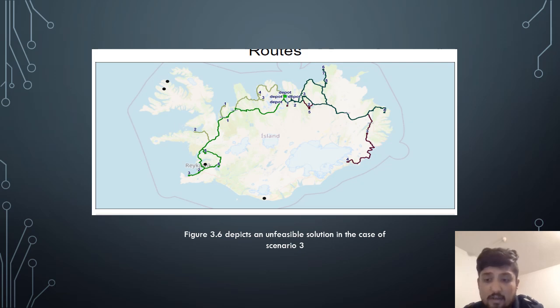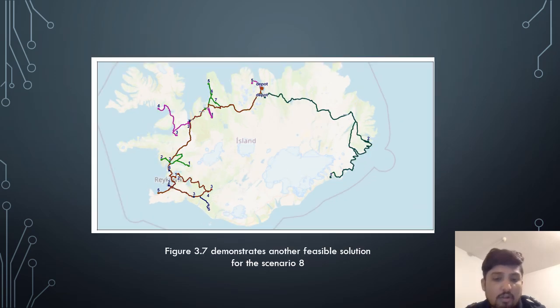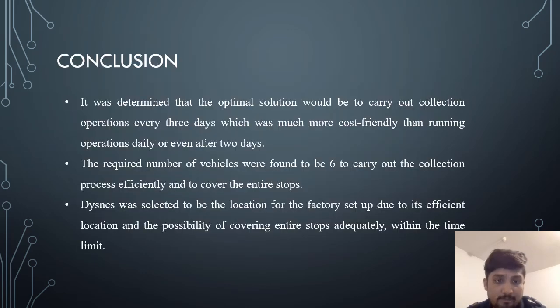And this is also another feasible solution, in case of scenario 8. It is very feasible because we are covering all the stops in this also. But the negative part was that it has a higher cost compared to scenario 16, so it was not the favorable solution to be implemented.